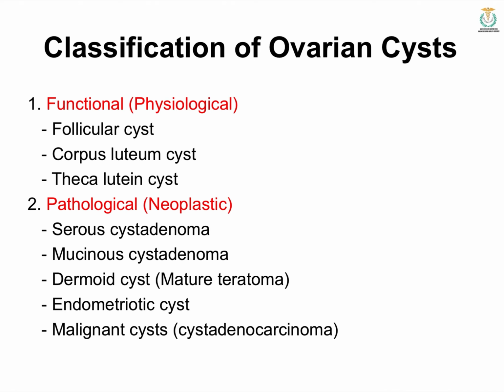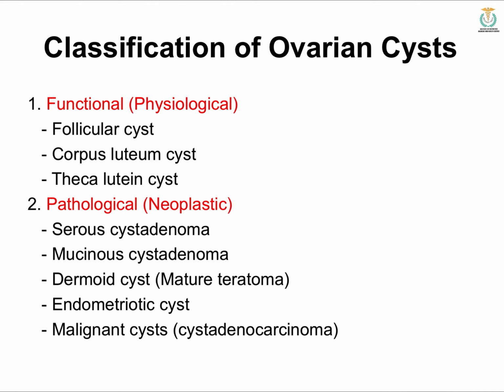When talking about the benign neoplastic cysts, these are the most common surgical entities. Serous cystadenoma is usually simple and unilateral, while mucinous cysts are large and multilocular. Next, the dermoid cyst, which are mature teratomas, seen in younger women. The classic ultrasound finding is an echogenic shadow due to hair and teeth.